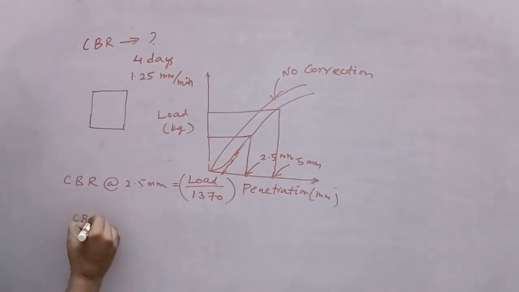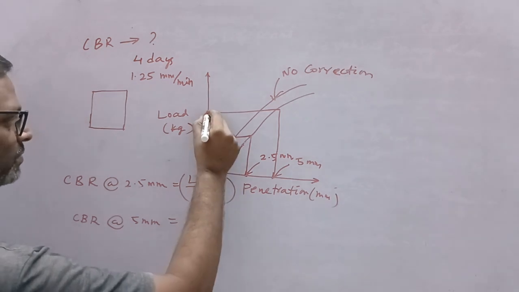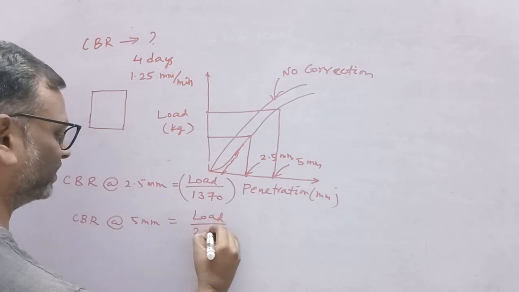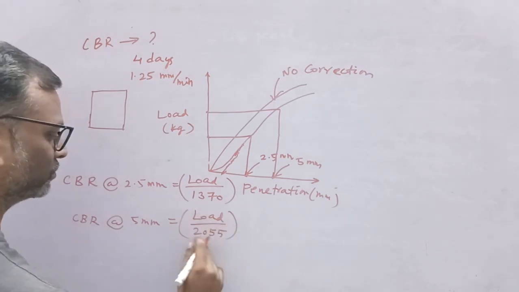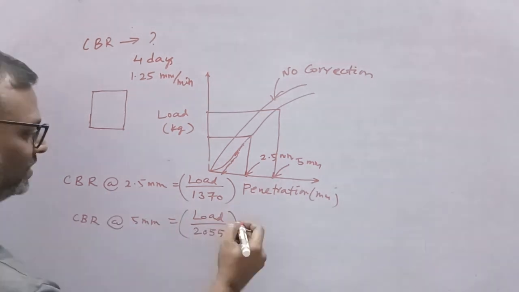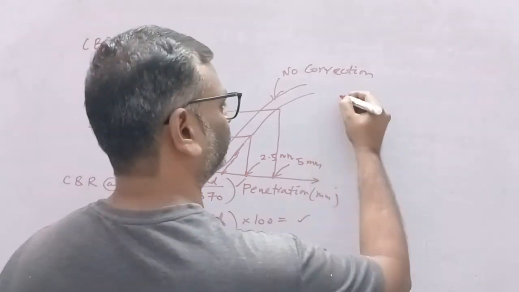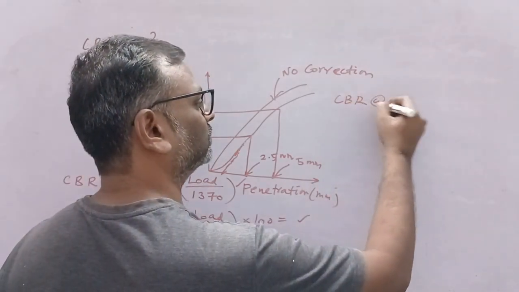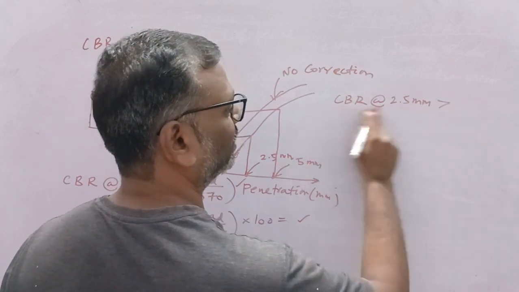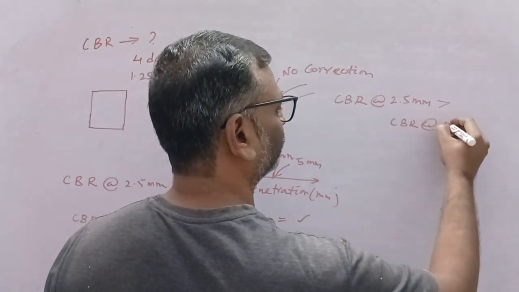Similarly, CBR at 5 mm penetration is the load corresponding to 5 mm penetration divided by the standard load, that is 2055 kg, into 100, as you need it as a percentage. So you get two values. Generally CBR at 2.5 mm should be higher than CBR at 5 mm.